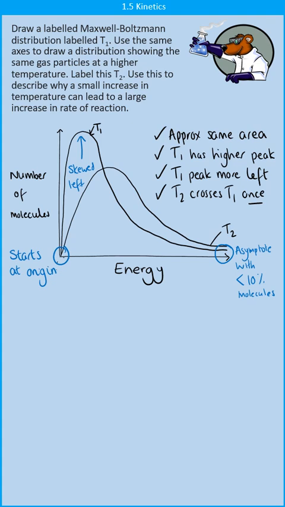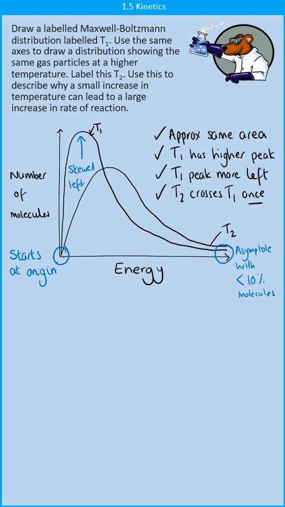The only reason that T2 is underneath T1 on the left hand side of your graph, sorry this is getting complicated to explain, is because if you've got more particles with high energy, those particles must have come from somewhere, right? They're low energy particles that have been heated up and become high energy particles. So that's everything that we need with our two distributions.